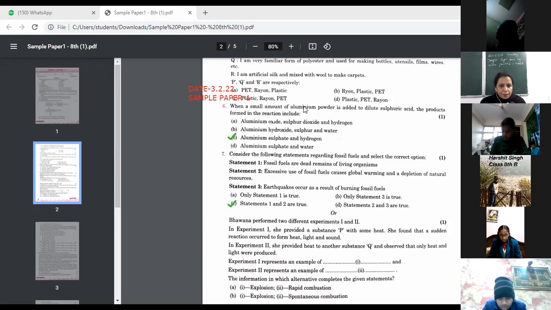So in the first, heat, light, and sound, 3 things have occurred, and in the second, only heat and light were produced. So our question is, experiment 1 represents an example of dash and dash, and experiment 2 represents an example of dash and dash. So the information in which alternative is with you.